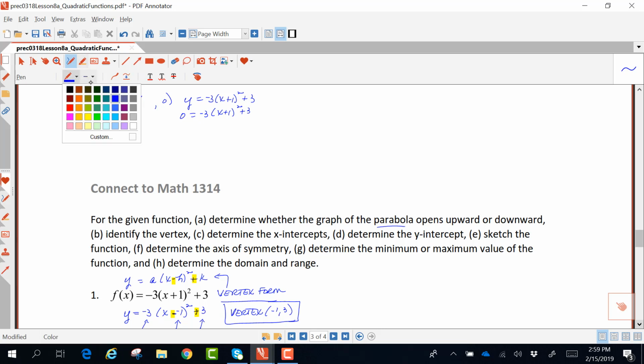To solve for x, I would want to subtract this 3 off the end to the left side of the equation. Then I would divide off the -3.